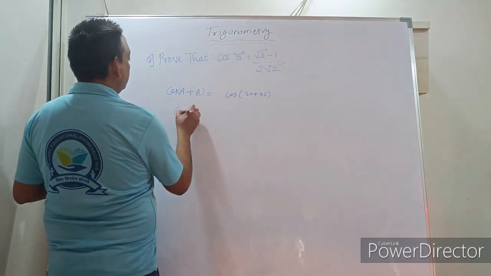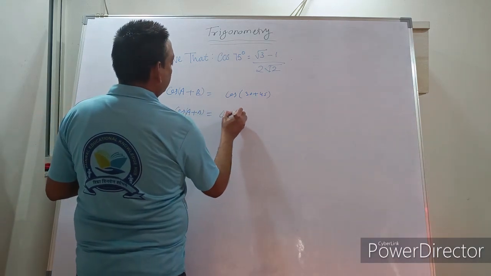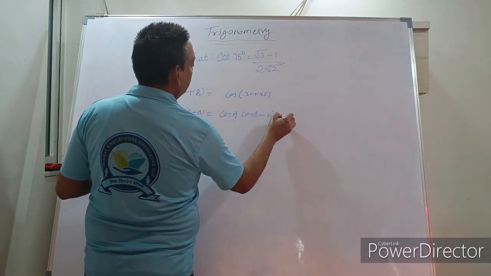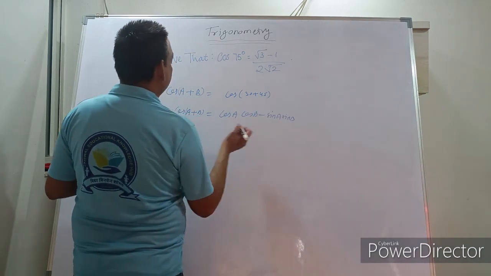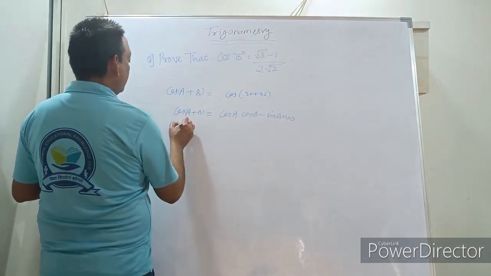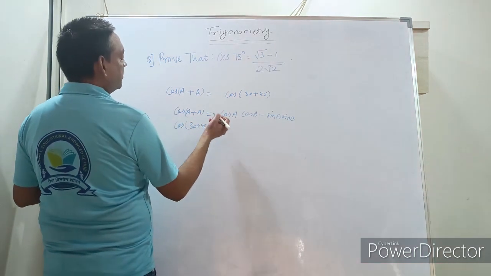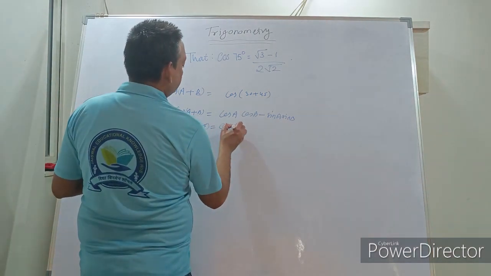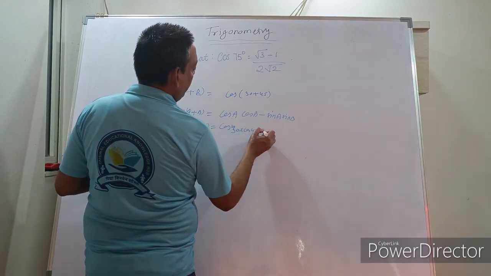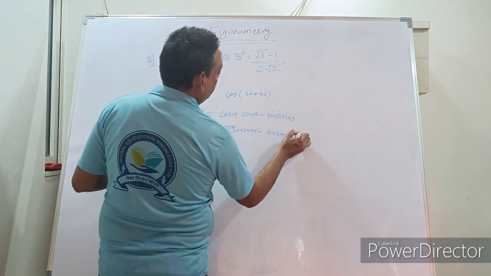Cos a plus b formula we already did here: cos a cos b minus sin a sin b. If it is plus in the angle, then minus here. So cos 30 plus 45, or 45 plus 30, both are the same, becomes cos 30 degree into cos 45 minus sin 30 into sin 45.